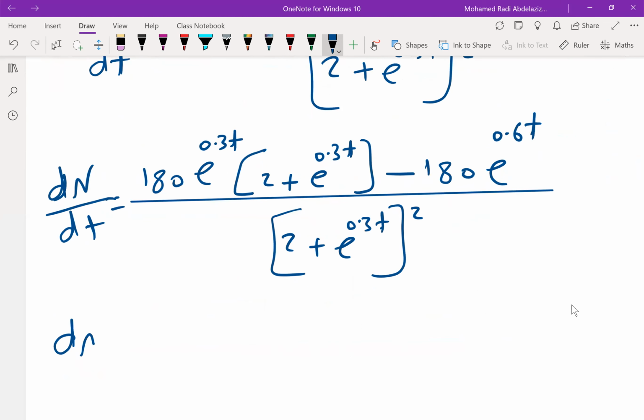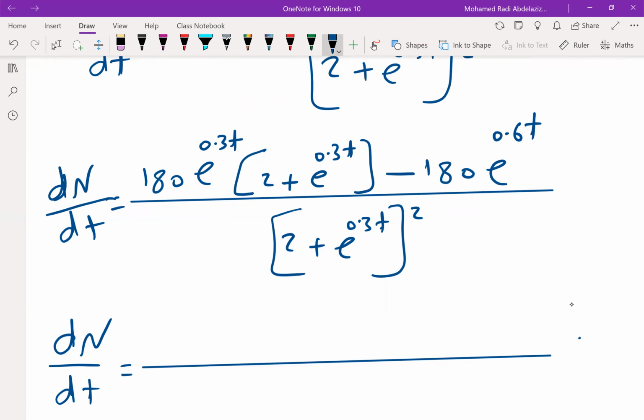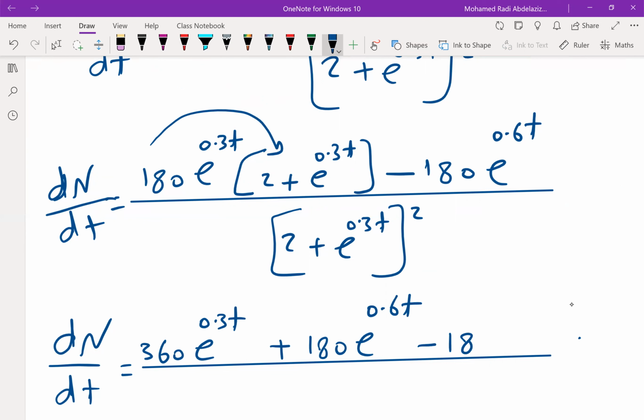Then dN by dt is equal to a fraction. When you multiply 2 by 180 you get 360 e to the power of 0.3t plus 180 e to the power of 0.6t minus 180 e to the power of 0.6t, divided by 2 plus e to the power of 0.3t all to the power of 2.